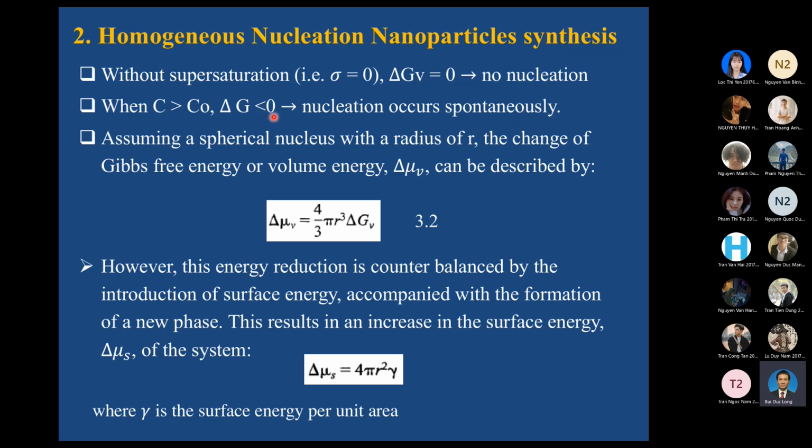You already studied this for chemical reactions: when delta Z is negative, the reaction occurs spontaneously. So by controlling this solution, we can make the formation of nanoparticles.